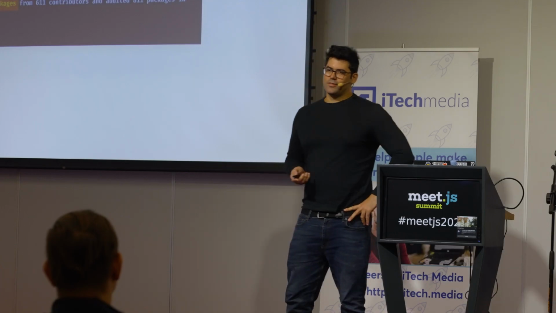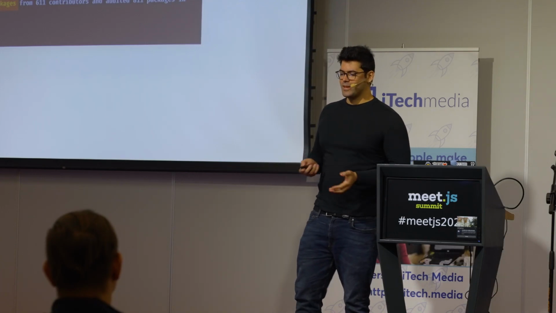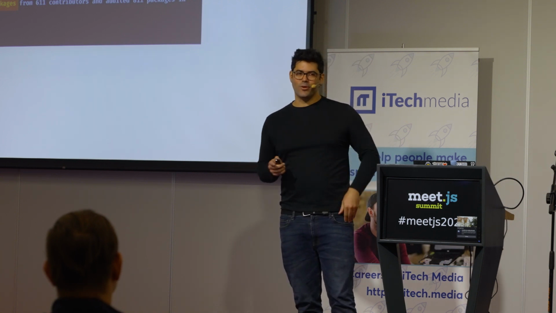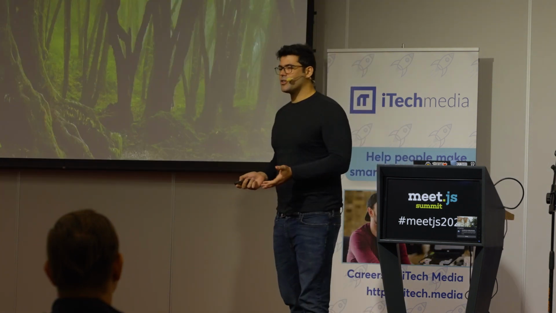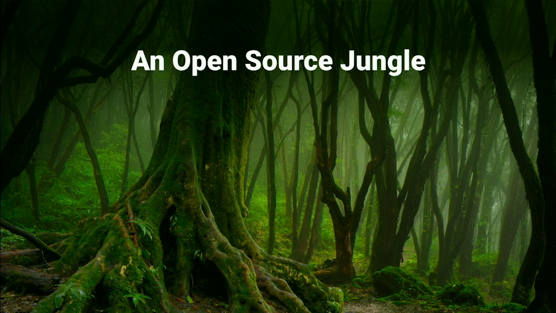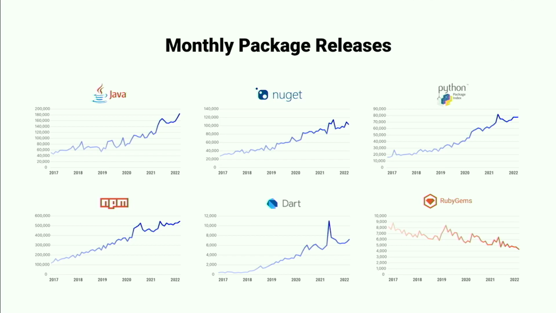It's impossible. We want to move fast. It's creating a lot of work. I'm not going to code review all of these packages. Basically, it's causing us to deal with an open source jungle.